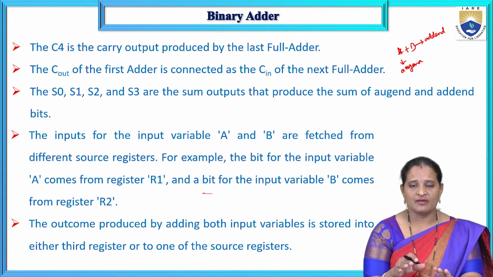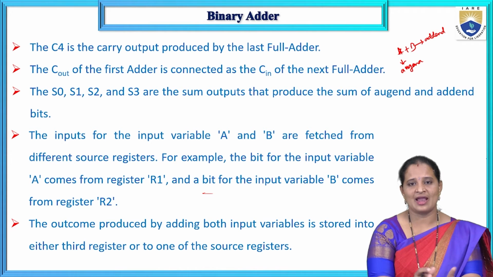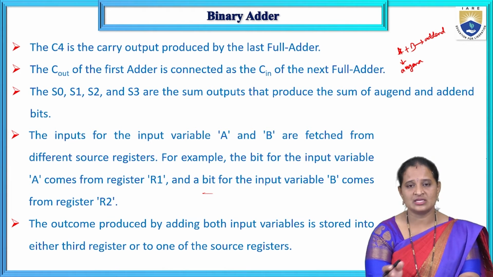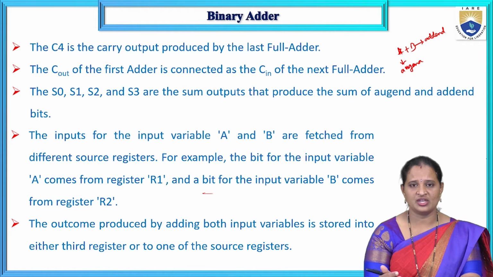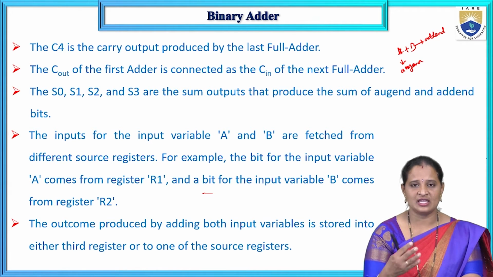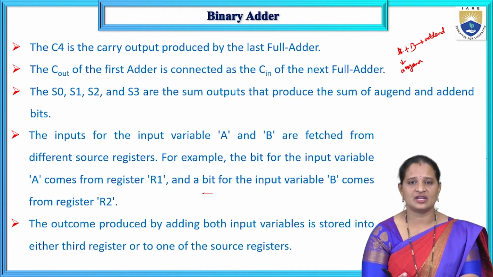If we compare the delay of this parallel adder with the serial adder, the serial adder requires 4 clock pulses, whereas the parallel adder can perform the addition in a single clock cycle, but it has propagation delay too. The delay is only due to the propagation of carry from one section to the other, but all the other inputs and outputs are applied at a single instant of time. So that is the difference we can observe.